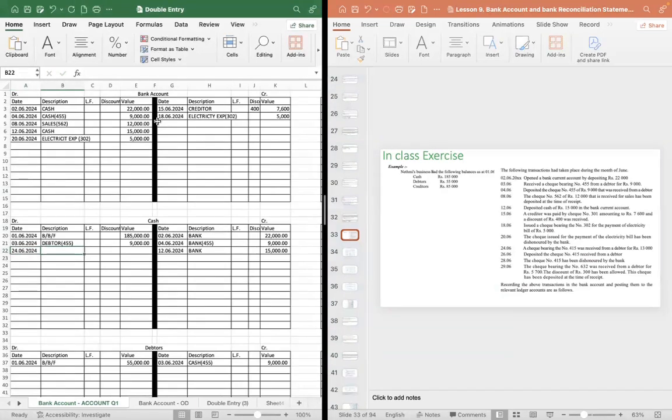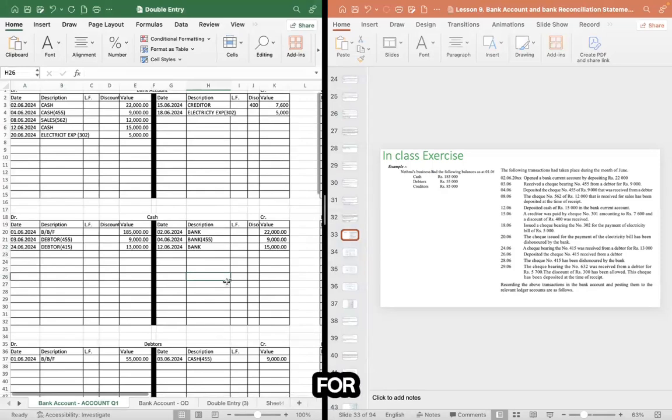Since we received the check from debtor 415, for 13,000, what should I do for my debtors?